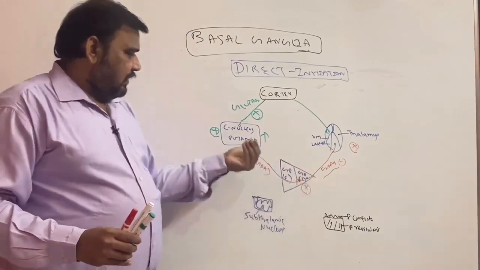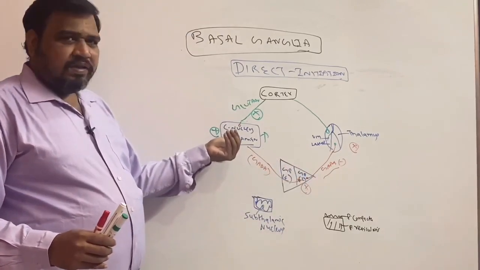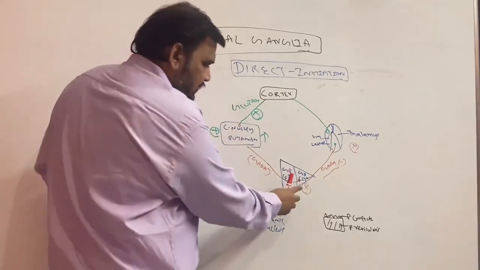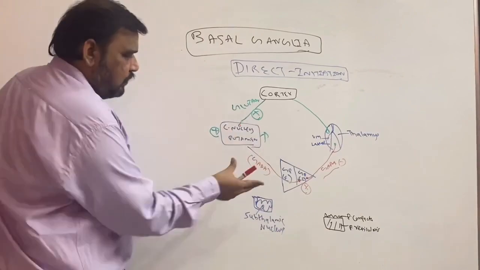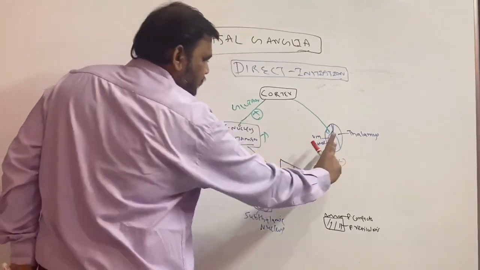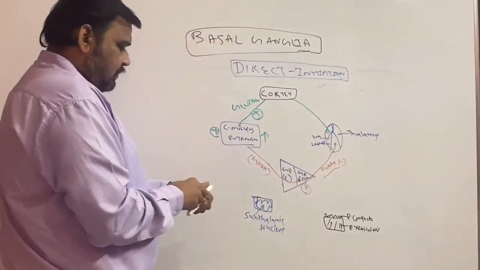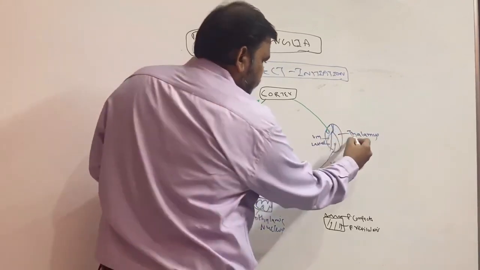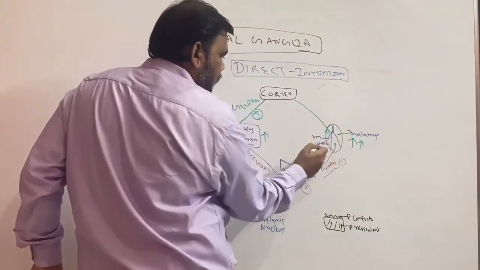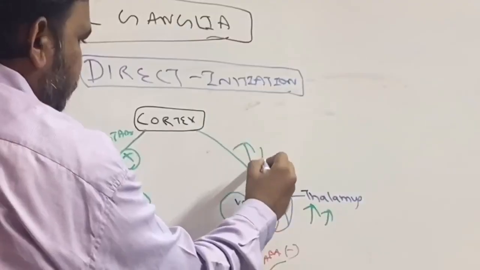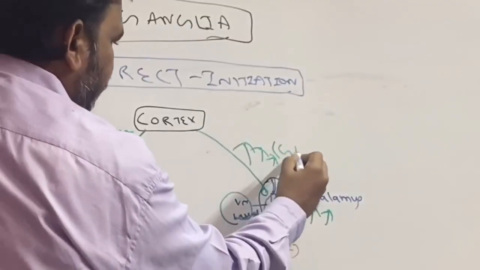It is inhibited by the corpus striatum. See here, this is inhibited. So whether this will happen or not, this will not happen. Remember simply, two red lines, two minuses, become plus. So the thalamus will be stimulated. And once this nucleus is stimulated, there is increased firing, which is in the form of glutamate.